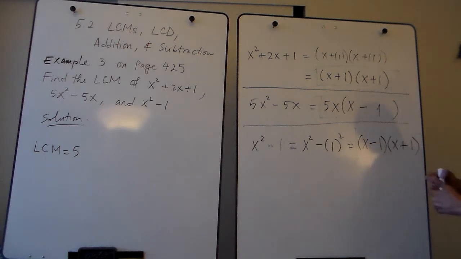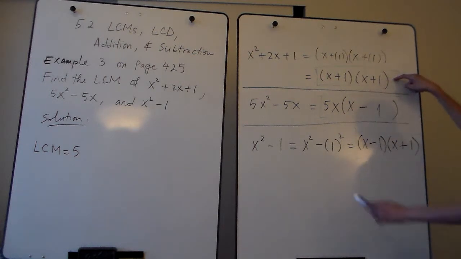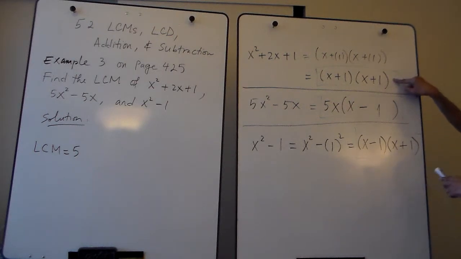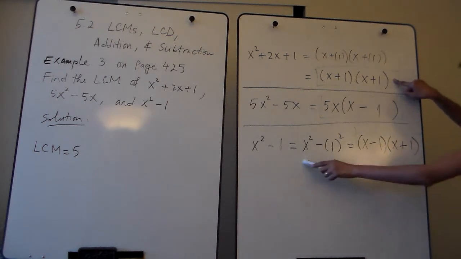So let's look at different factors with the highest degree. x plus 1, look at this one. This is also x plus 1. So actually x plus 1 squared, or x plus 1 raised to the second power, because it happened twice. Now, is there x plus 1 in the second expression? No. Is there x plus 1 in the third expression?